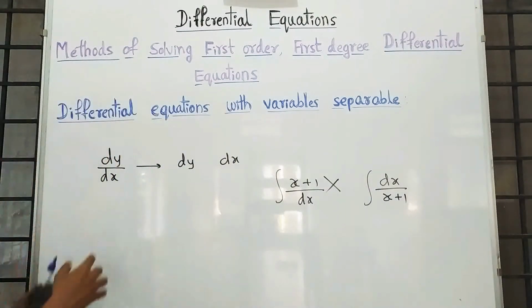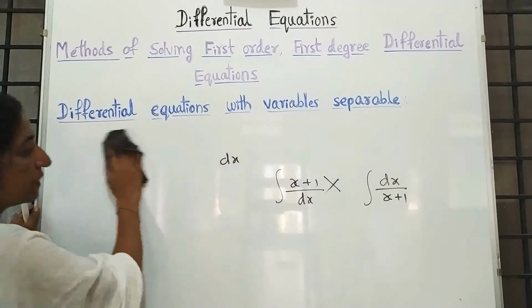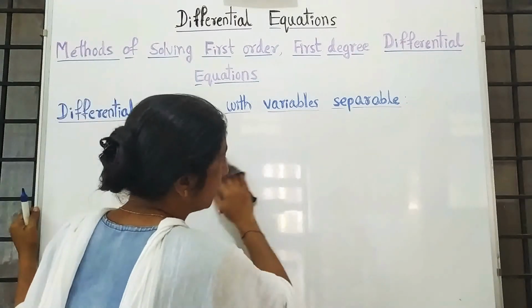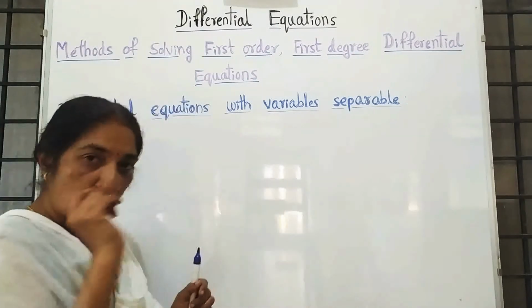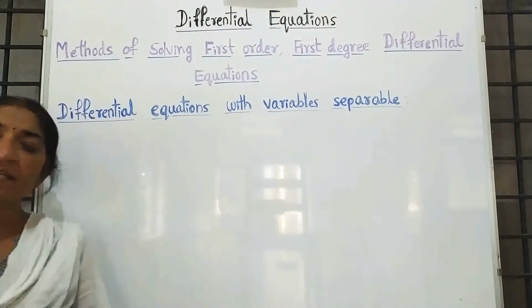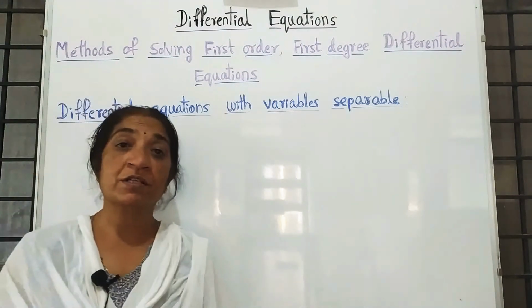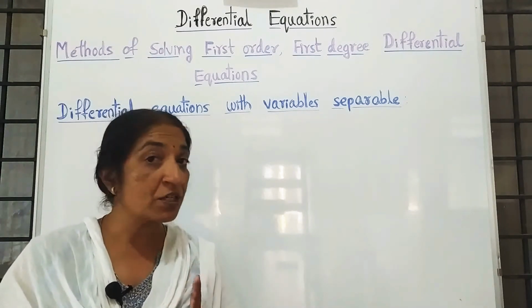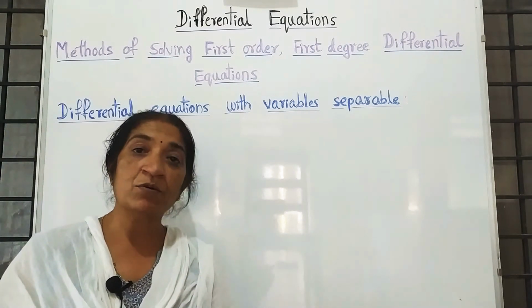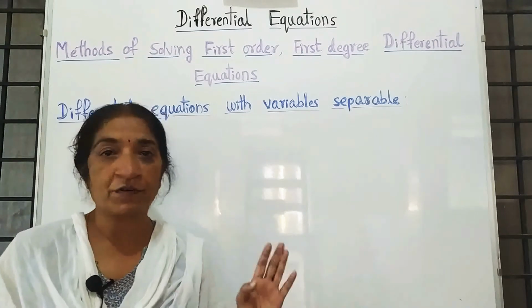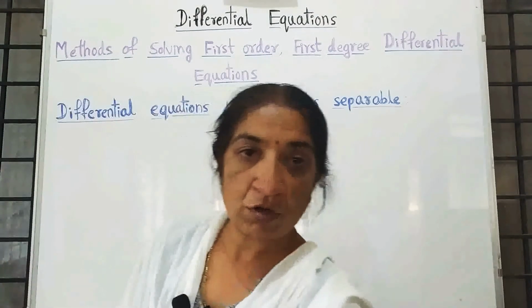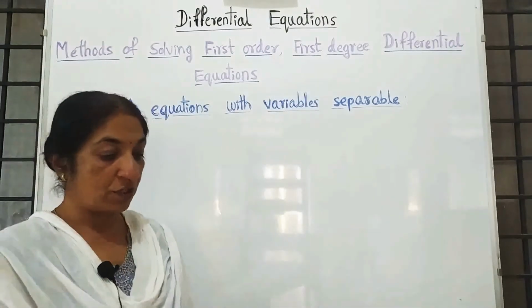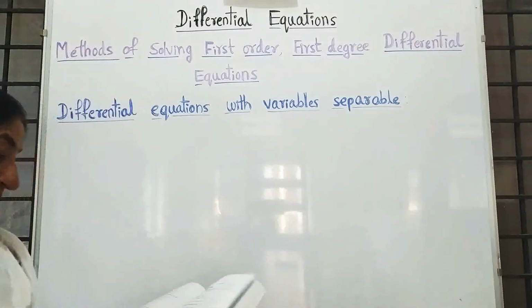So we are moving to the examples, and I will explain each and every concept with the help of example. And one more thing, in the examination they will not mention that solve the differential equation by variable separable. Just they will give solve the following differential equations. So read the question.